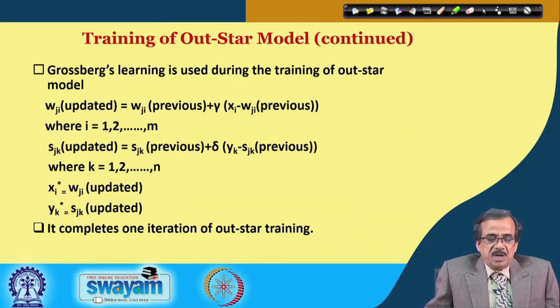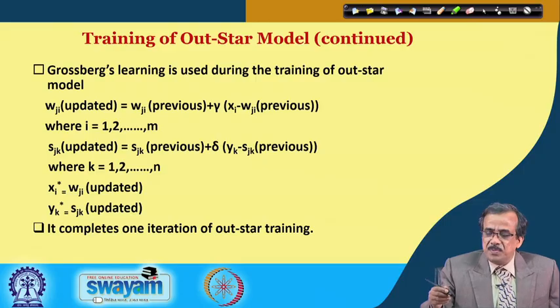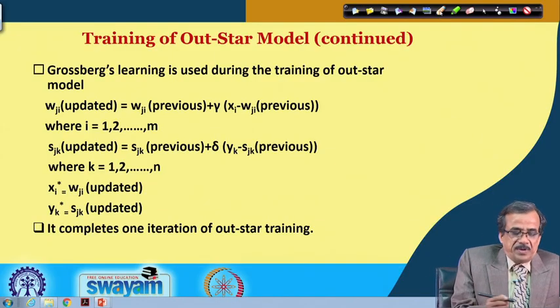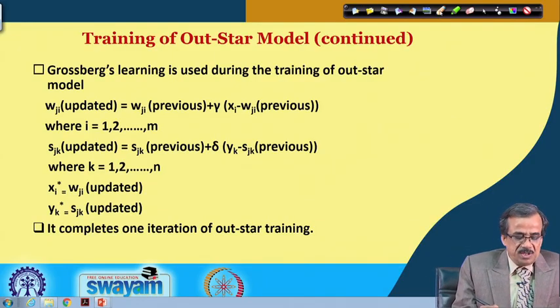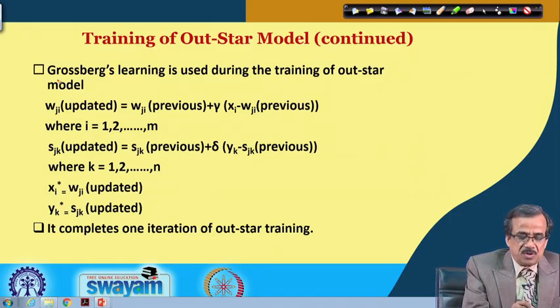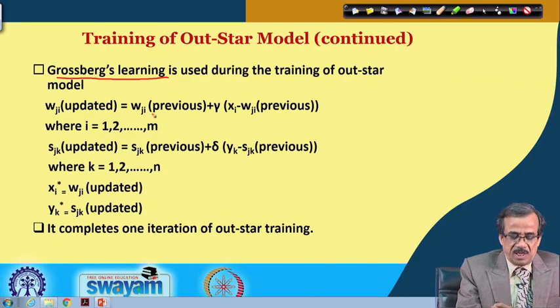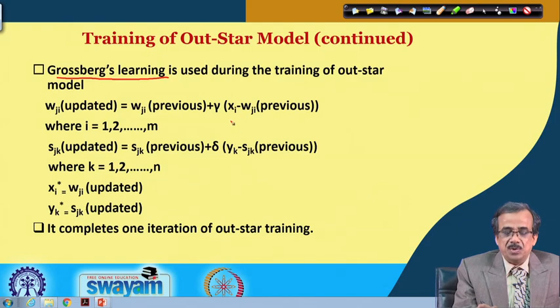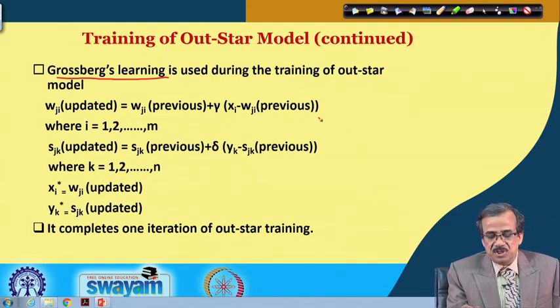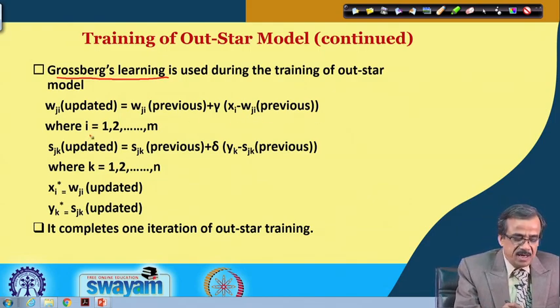Now, let us see how to carry out the training of the outstar model. As I told, we are going to use Grossberg's learning rule for updating the connecting weights, that is W and S. According to this Grossberg learning rule, W j i updated is W j i previous plus gamma into x i minus W j i previous, and here i varies from 1 up to m.